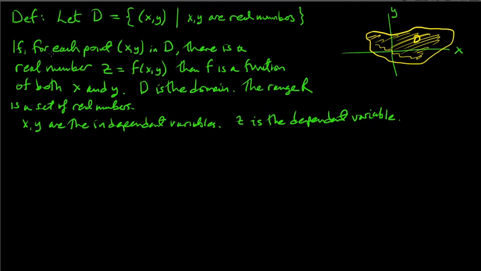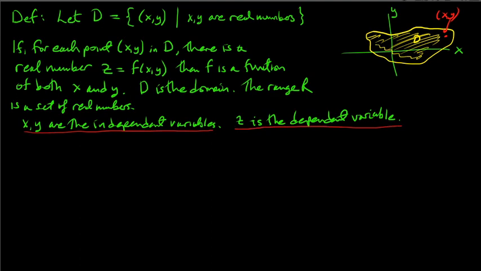So if you have for each point X and Y, let's say this point right here in red, this has coordinates X and Y. So for every such point in D, there is a real number Z, then F is a function of both X and Y. So X and Y are the independent variables, and then Z depends on X and Y, so Z is the dependent variable.